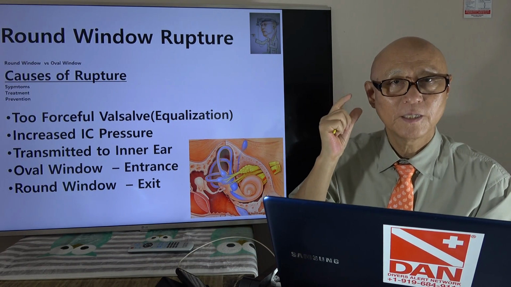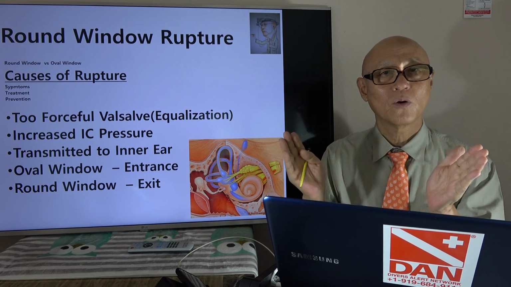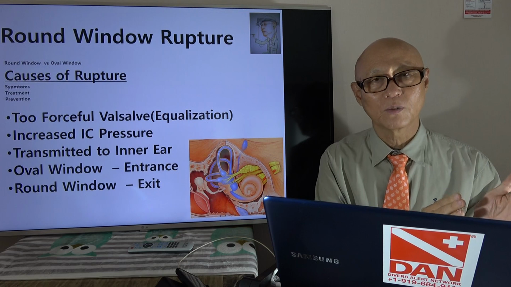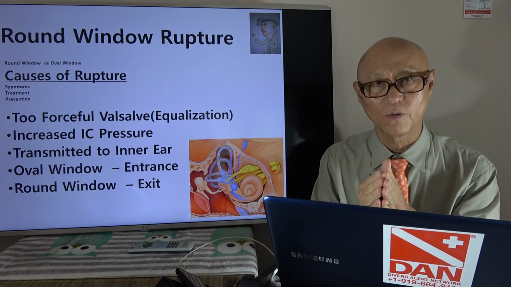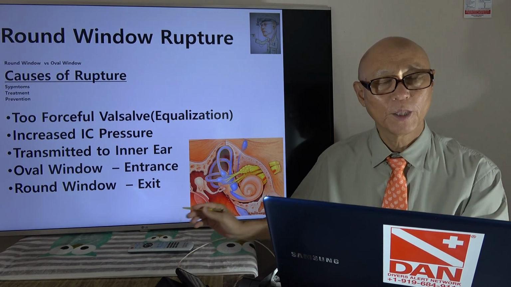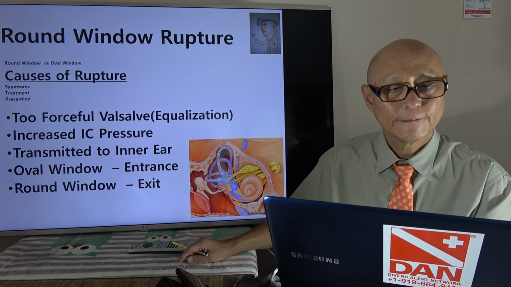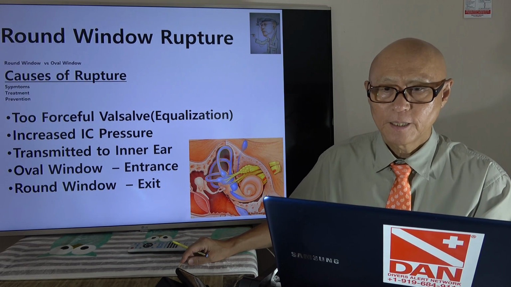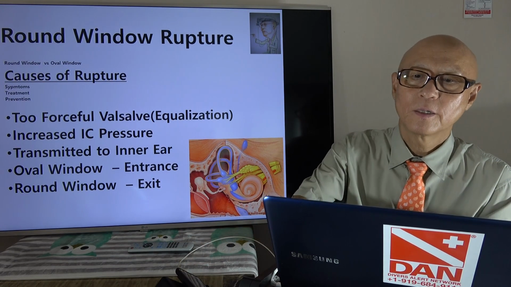And the elevated pressure inside the inner ear has no way to go except the round window. Some people believe the oval window can rupture, but I don't believe so, because the oval window is clogged up with the footplate of the stapes. That's how the round window ruptures.